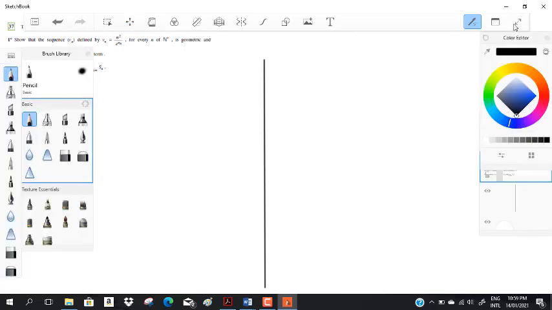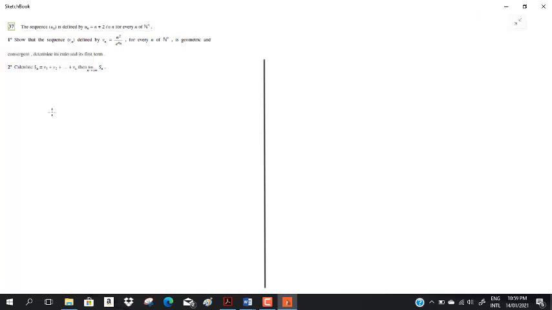Consider the sequence Un defined by Un equal n plus 2 ln n, n belongs to N star. We don't start with U0, we start with U1. We have another sequence Vn defined by Vn equal n squared over exponential of Un.